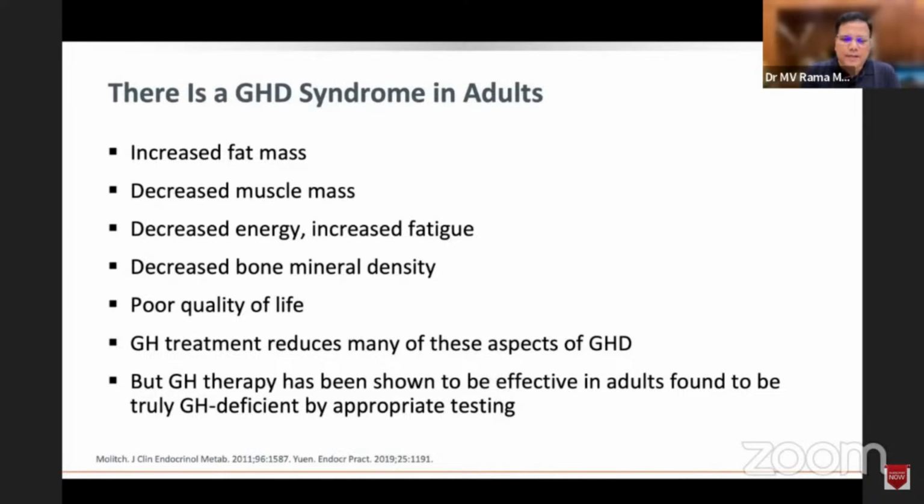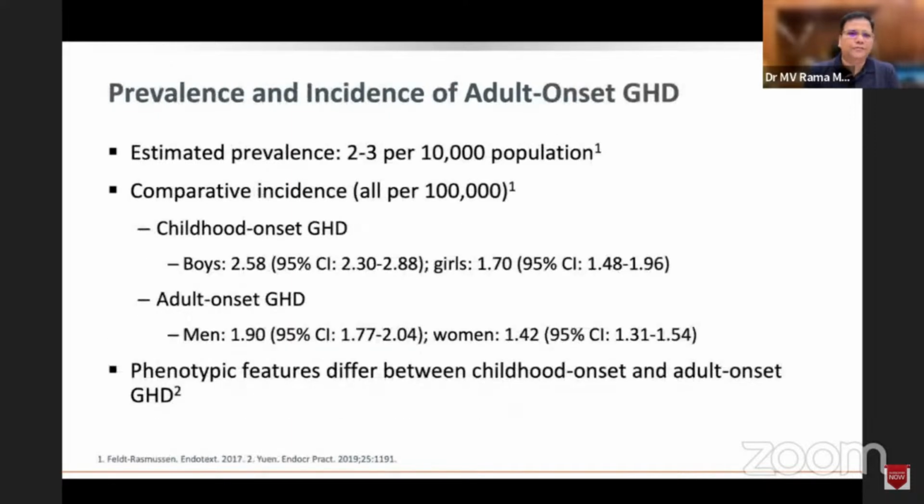There is decreased BMD, bone mineral density, and poor quality of life. If you treat this condition, it may reduce these aspects, and the therapy is shown to be effective in adults found to be truly growth hormone deficient by proper diagnosis with appropriate testing. You can't generalize that everybody among adults will have growth hormone deficiency.